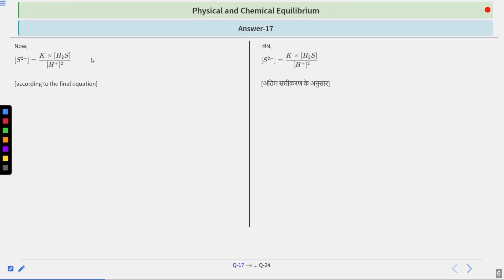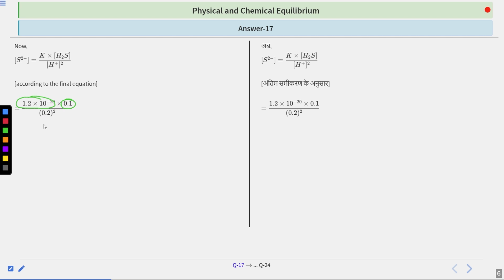Now, further, we know that if we want to calculate S2 minus, it will be K into H2S by H plus square. We have seen the equation earlier. Now we know K here. We know that H2S concentration is 0.1 and H plus concentration will be mainly decided by the H plus from HCl, because H2S contribution to H plus concentration is very less and can be neglected.